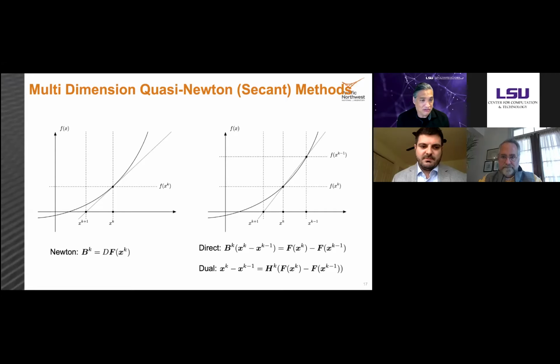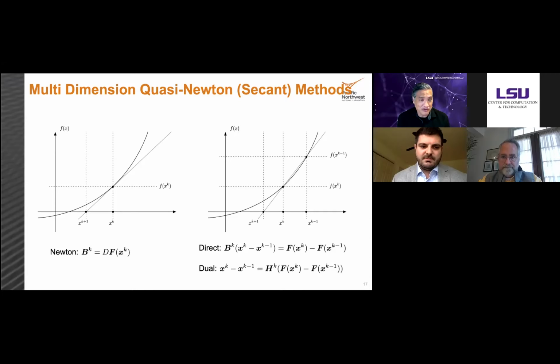It doesn't, but then we keep applying that linearization process until we converge to the exact solution. Well, if that derivative isn't available for some reason, we can approximate the derivative by taking a chord across the nonlinear function. We can evaluate the nonlinear function at 2 points, take the difference between the function evaluated at those 2 points, and divide. That gives us the slope, which is an approximation to the tangent line.